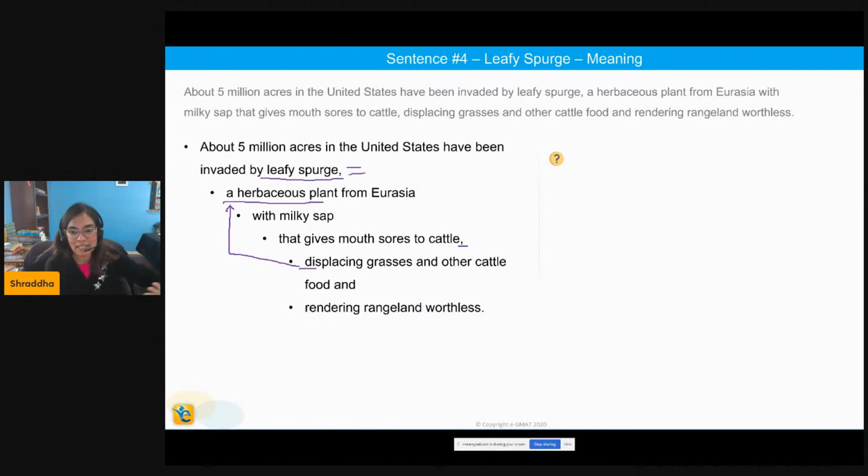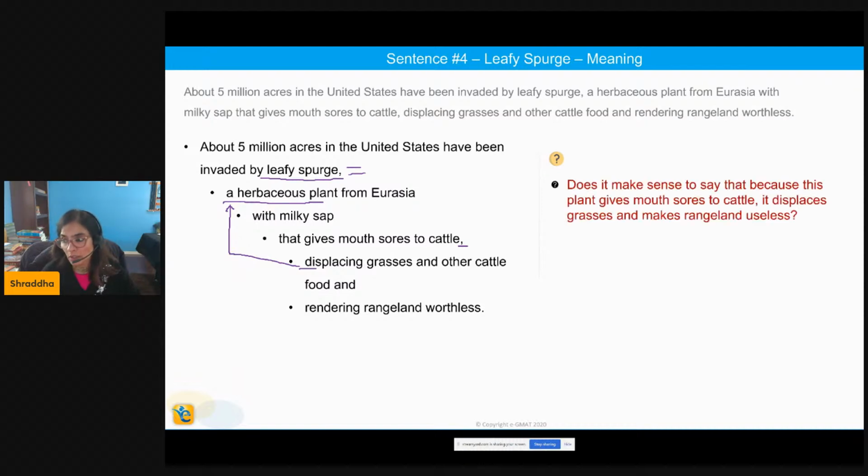You push something aside and you take its place, right? So grass and cattle food can only be replaced or displaced by another vegetation, and that other vegetation in the sentence is the herbaceous plant, which is leafy spurge. So this action must be connected to leafy spurge and not to the milky sap.